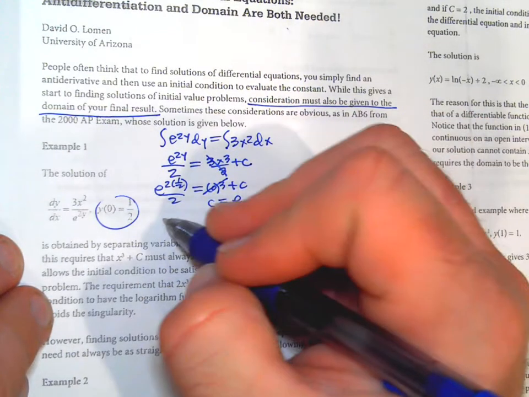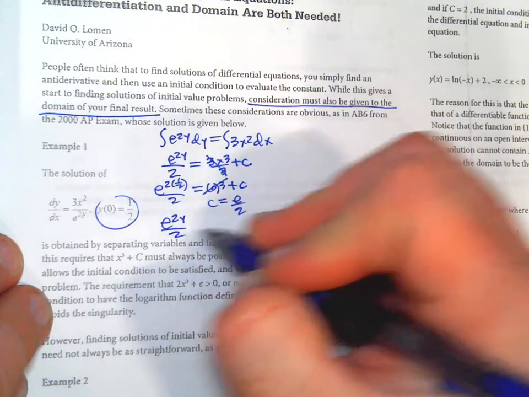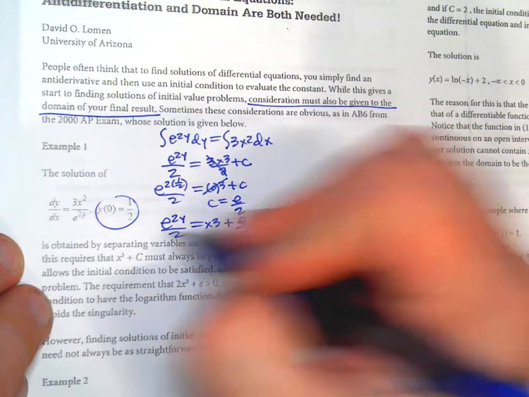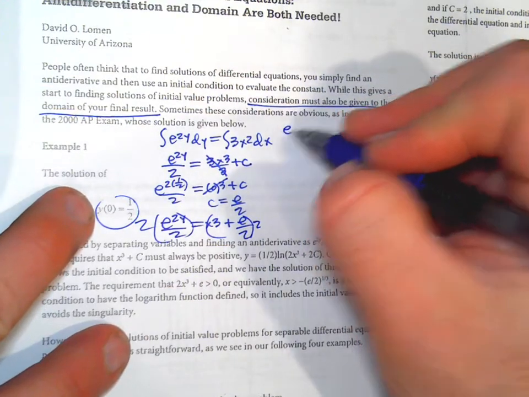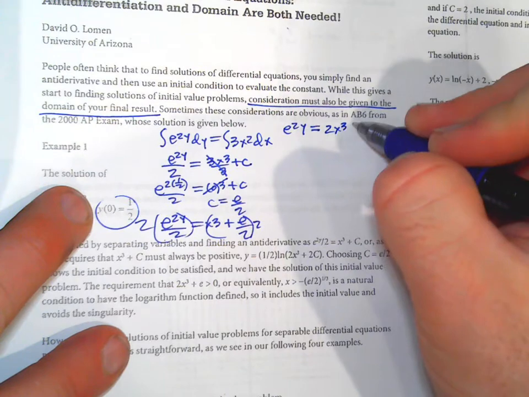If we rewrite it, e to the 2y over 2 equals x cubed plus e over 2. Now I would multiply both sides by 2, and we get e to the 2y equals 2x cubed plus e.